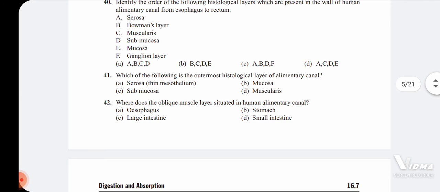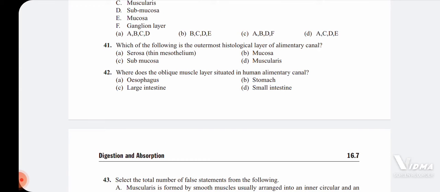Next 41st question, which of the following is the outermost histological layer of alimentary canal? The outermost layer of the alimentary canal is serosa. In the option it is given as thin mesothelium. Don't get confused, serosa is made up of the mesothelium layer.